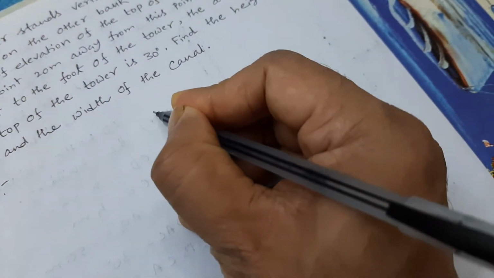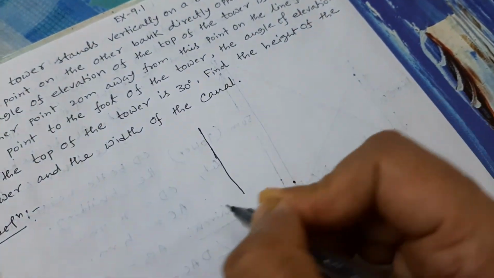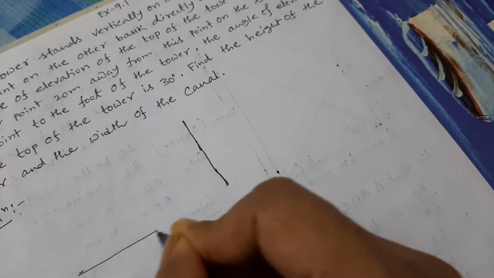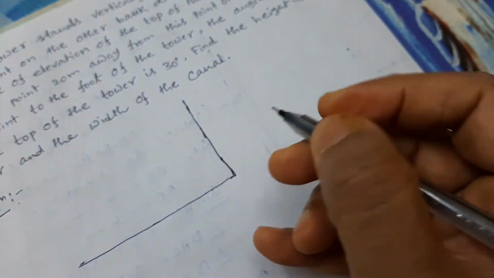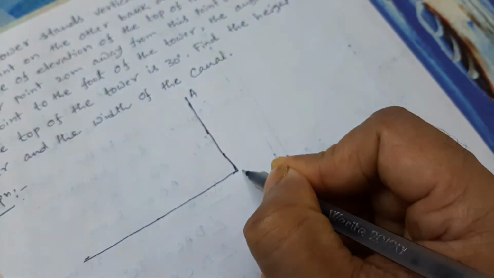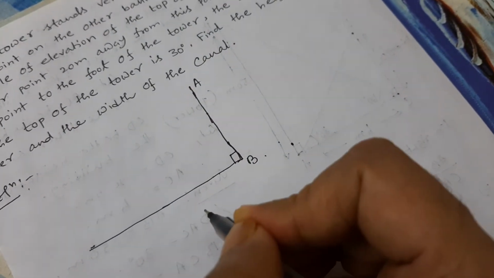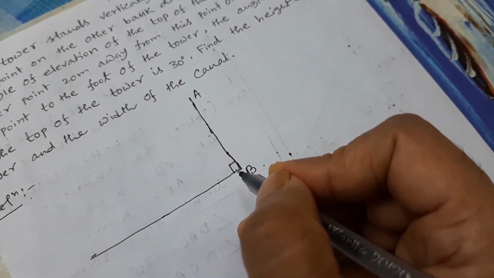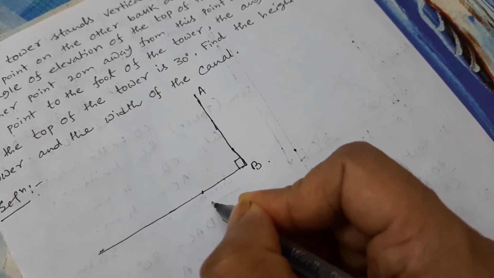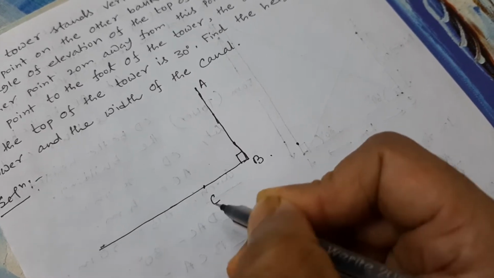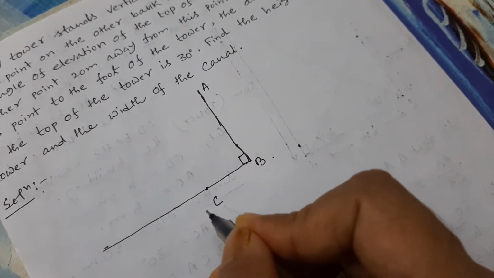So let AB be the TV tower, stands vertically, this is 90 degree, and from a point on the other bank directly opposite to the tower, suppose this is any point C, from a point on the other bank, this point C, directly opposite to the tower.